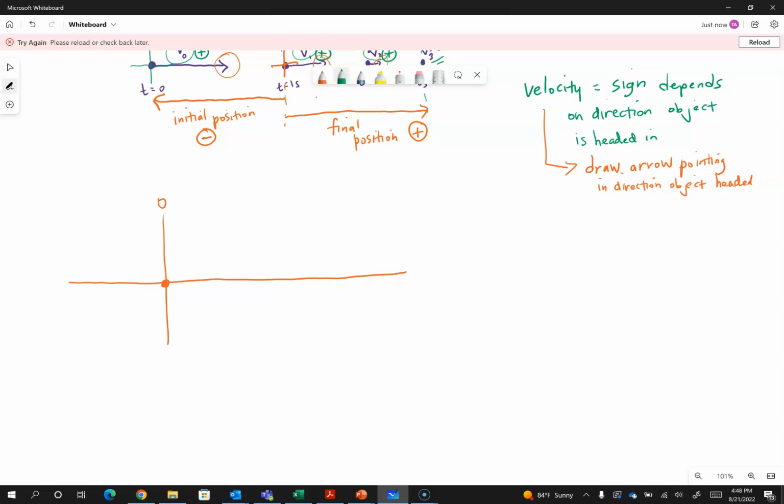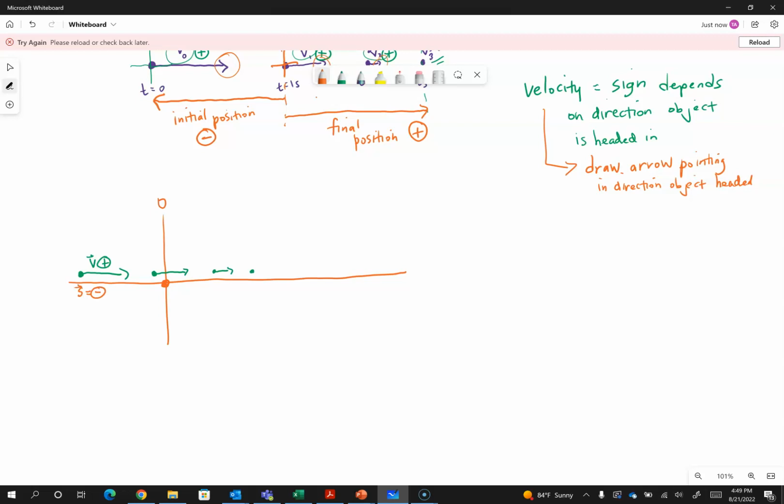If I have a car and it is traveling to the right, and then a second later I see it slowing down, a second later it's slowing down, and then stopped. The velocity here initially is positive, even though the position here is negative.